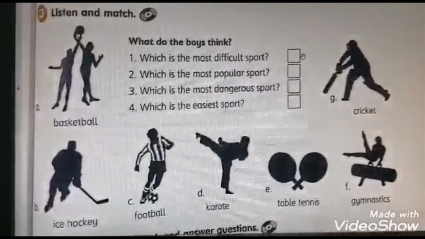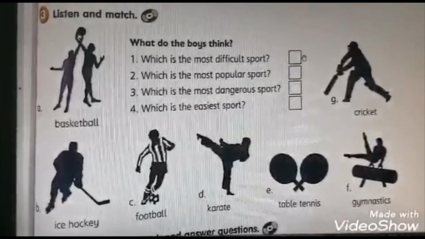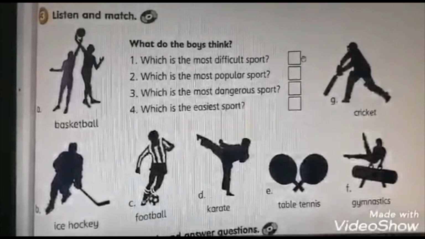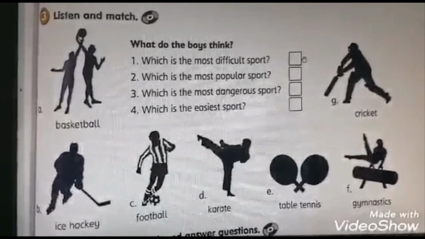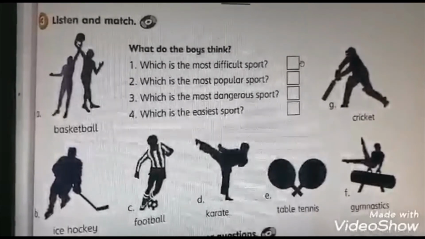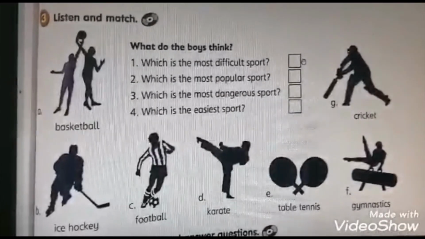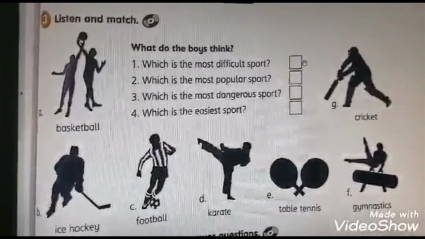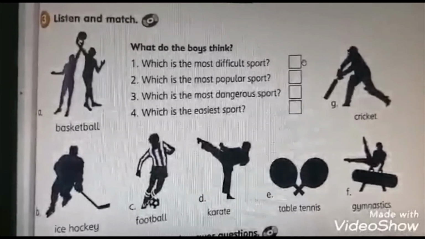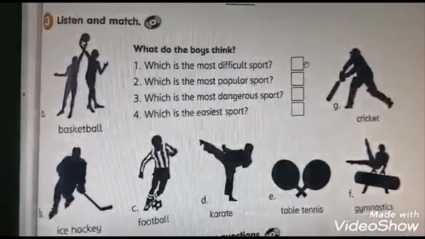Wait a minute, they also have swimming, diving, gymnastics and karate lessons. Oh, and cricket lessons too. Cricket lessons? That's what I want to do. Yes, but cricket is a little difficult. It's difficult, but it's not as difficult as gymnastics. Gymnastics is the most difficult of all these sports.